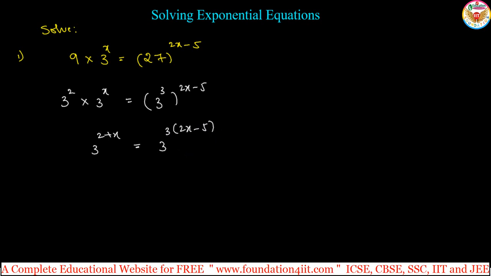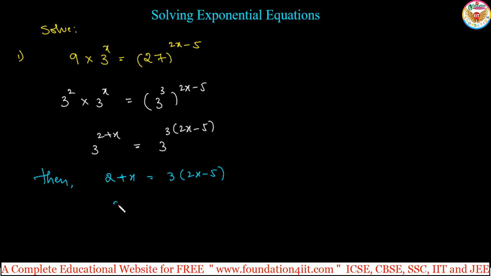Now whenever the bases are same, then equate the powers. So 2 plus x is equal to 3 into 2x minus 5. This is the formula. When a power m is equal to a power n, then m is equal to n. Whenever the base is same, then equate the powers.